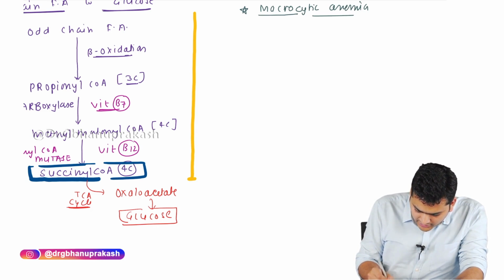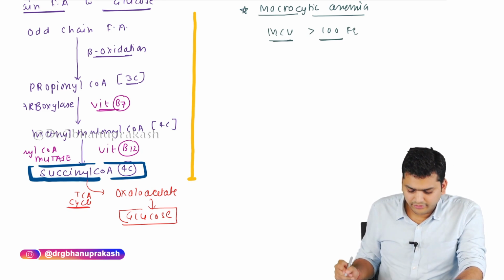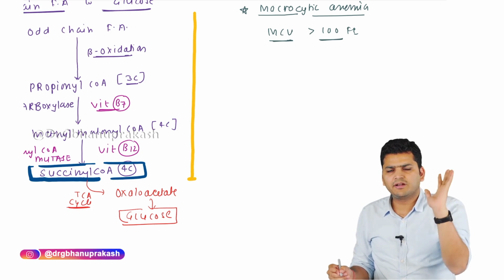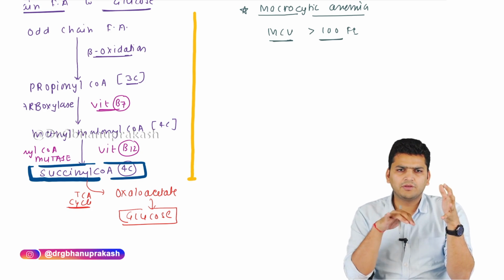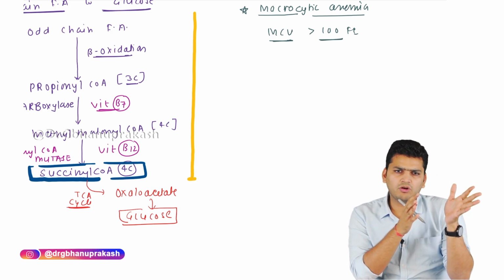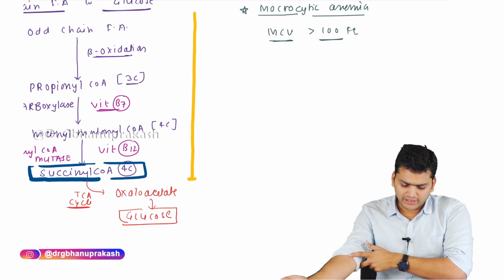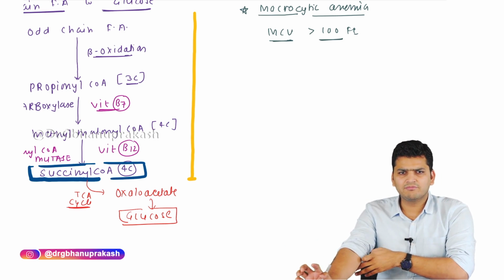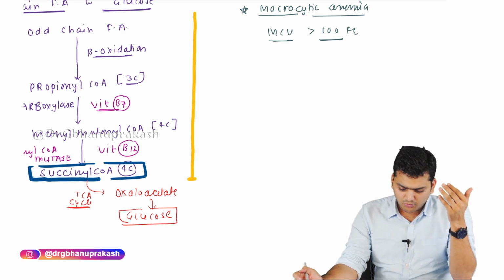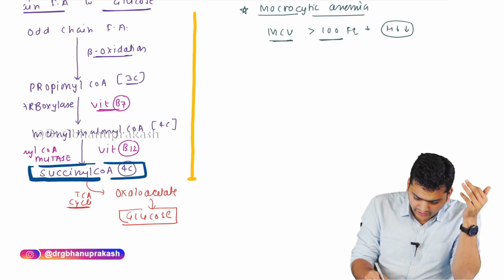Macrocytic anemia means the MCV, the mean corpuscular volume, is going to be more than 100 femtoliters. If the MCV is more than 100 and hemoglobin is obviously less, in the range of anemia, we'll say it is macrocytic anemia. If the MCV is less than 70, we'll say it is microcytic anemia. So if the MCV is more and the hemoglobin is less, we'll say it is macrocytic anemia.